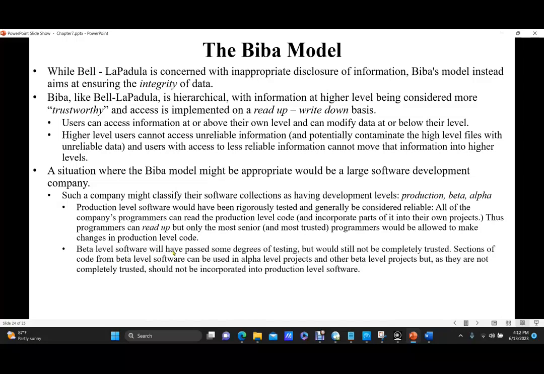Beta level software would have passed through some degree of testing, but is still not considered completely trustworthy. Sections of code from beta level software could be used in alpha level projects and other beta level projects, but are not completely trusted and should not be incorporated into production level software.